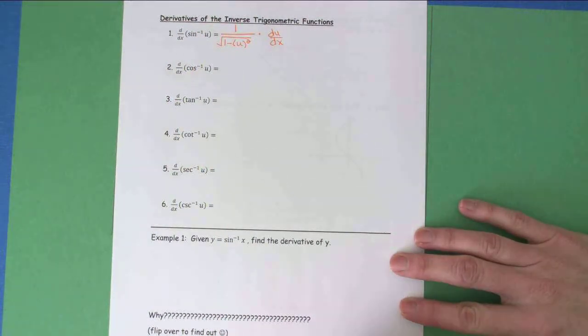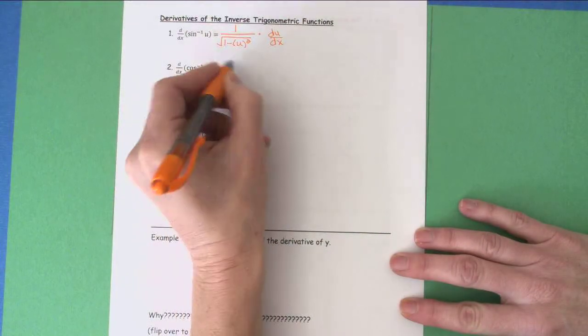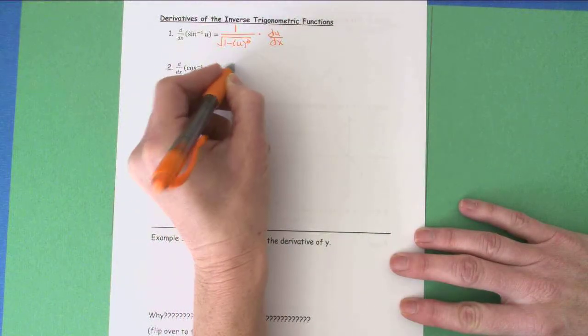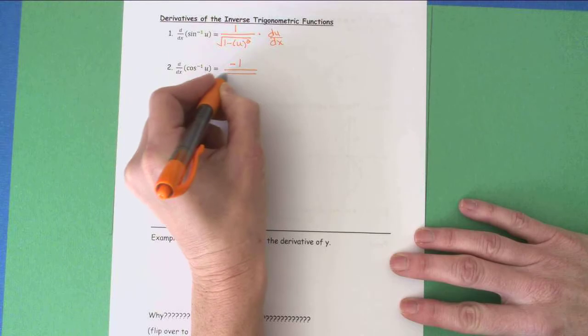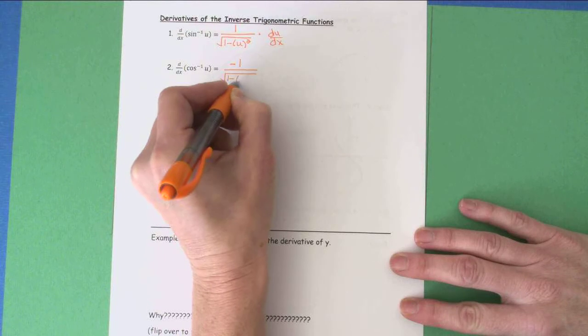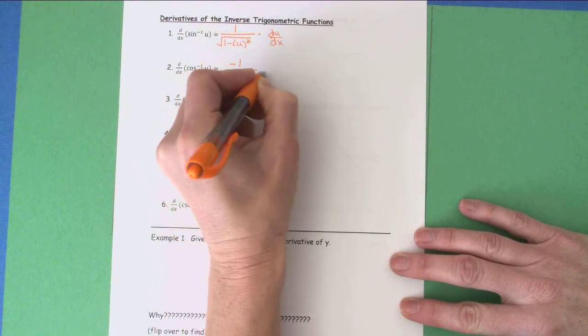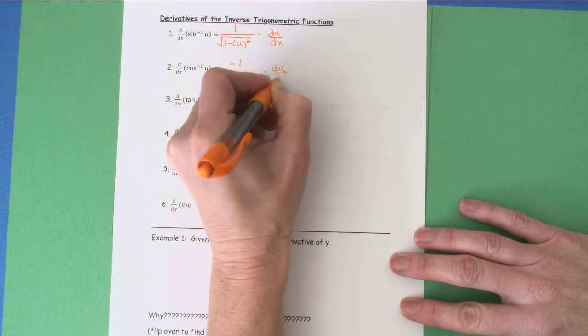Next we have the derivative with respect to x of the cosine inverse of u. That's the same formula as sine, but the top is actually -1. So -1 over the square root of 1 minus quantity u squared times du dx.